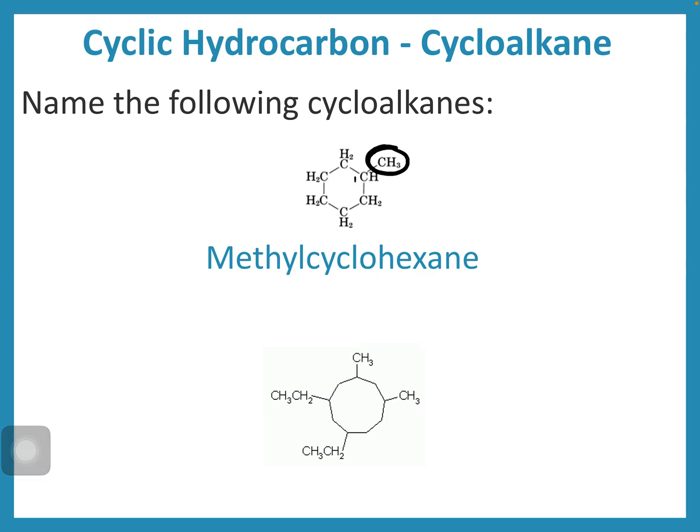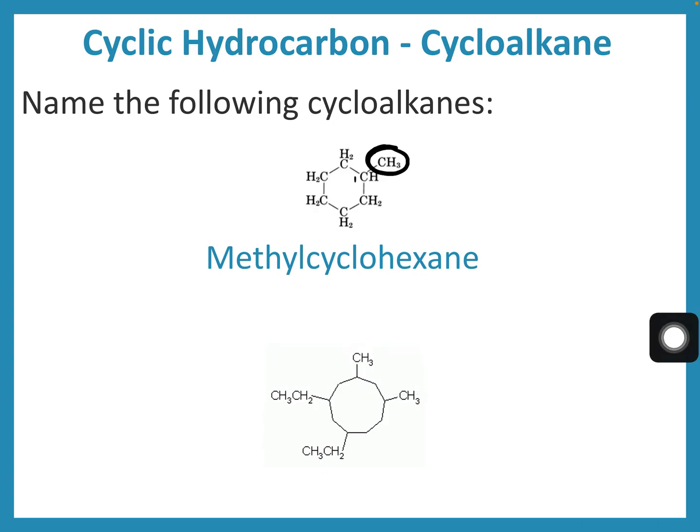But to come up with the lowest numbering structure, I'm going to start with one of the ends. So what I can see is here, there are 2 carbons in between these attachments. In all the others, there's only 1 carbon in between. And so that means that my lowest numberings would either start here and move in a counterclockwise direction or start here and move in a clockwise direction.